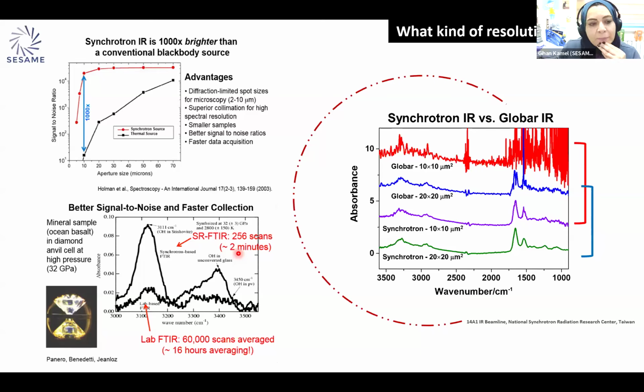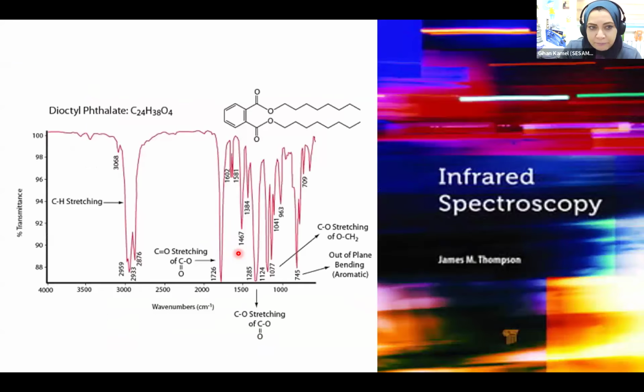So even without being an expert in any infrared-related field, this example quickly shows you the superior information that we can get when we use synchrotron infrared compared to the conventional or lab-based IR.